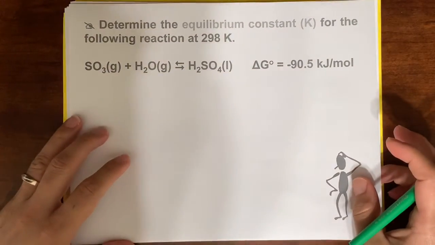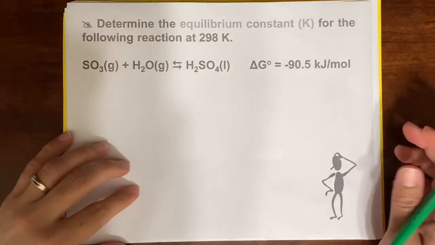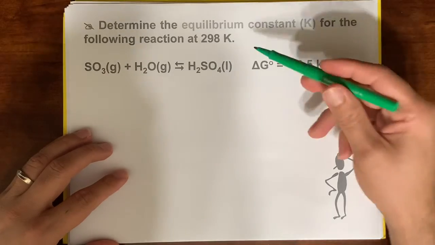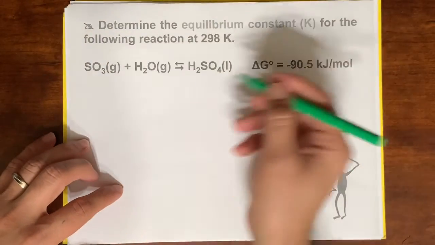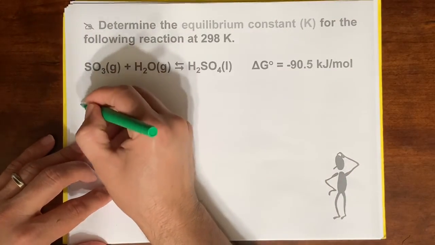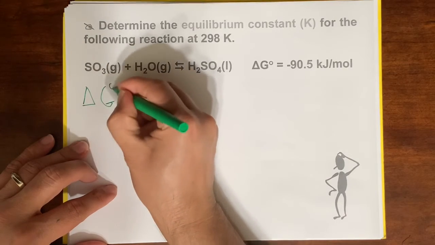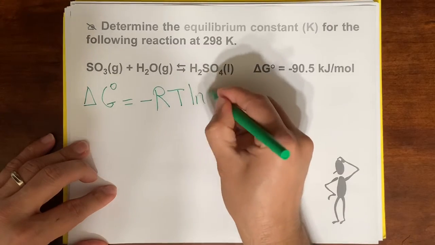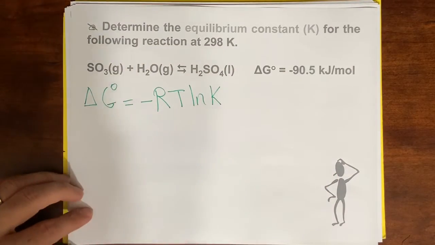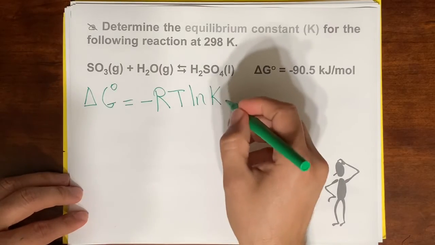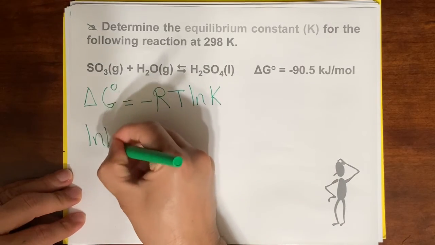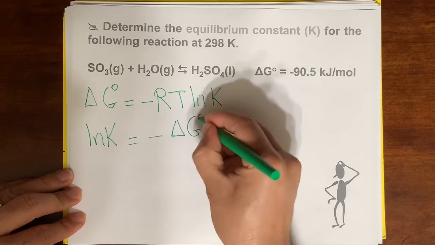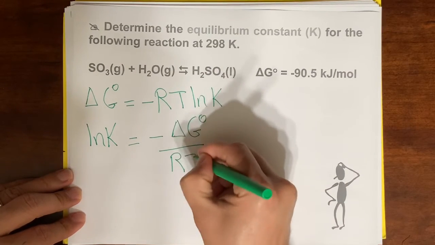Okay, we have an equilibrium. We are given delta G0 of the reaction. The temperature is given, so we can calculate K of this reaction. So we say delta G0 is equal to minus RT ln of K. We're looking for K. Ln of K is going to be equal to minus delta G0 over RT.